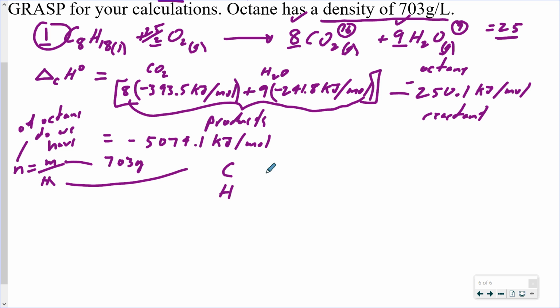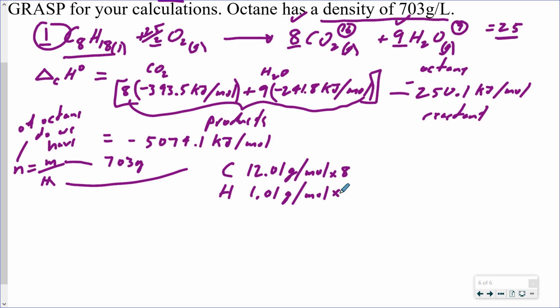If you take a look at the periodic table, it will tell you the atomic mass for carbon is equal to 12.01 grams for every mole that you have. And for hydrogen, it's 1.01 grams per every mole that you have. So in our octane, we do have 1 mole, only we don't have 1 carbon, but we have 8. So we're going to take this number and multiply it by 8. And we have 18 hydrogen.